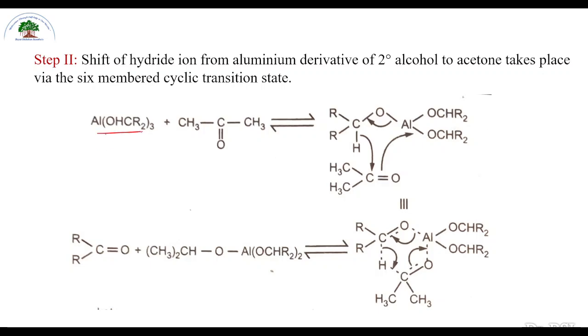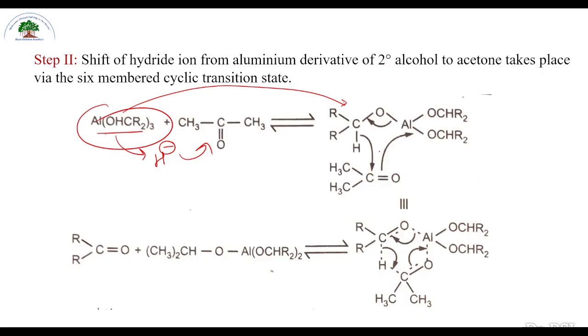So this is the aluminum derivative of secondary alcohol, and here the hydride ion transfer happens: H minus is transferred from this to acetone, and this happens like this. This is the structure of this aluminum derivative.